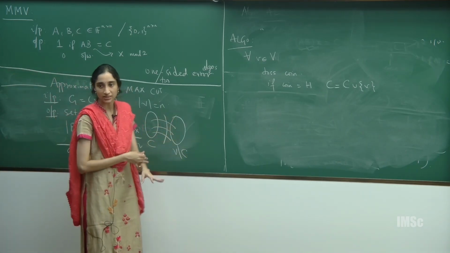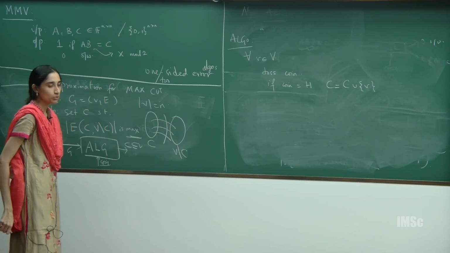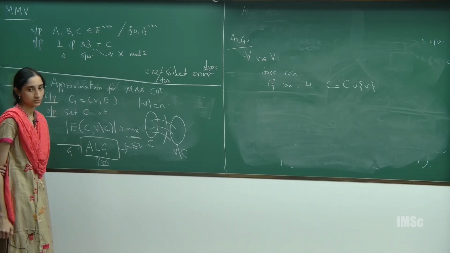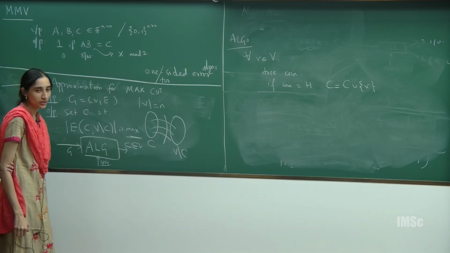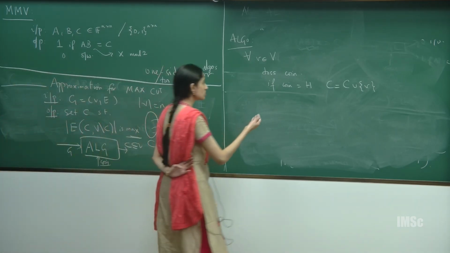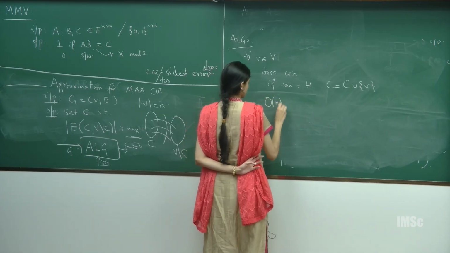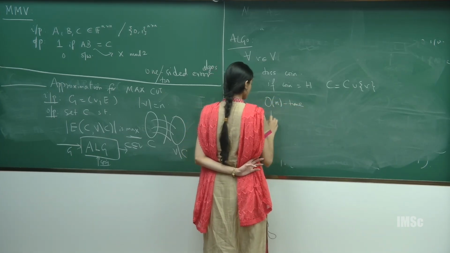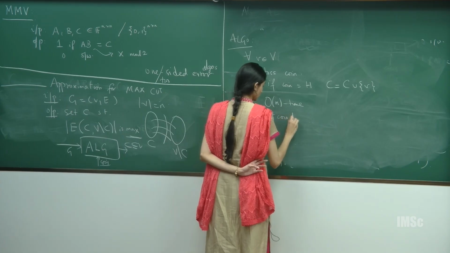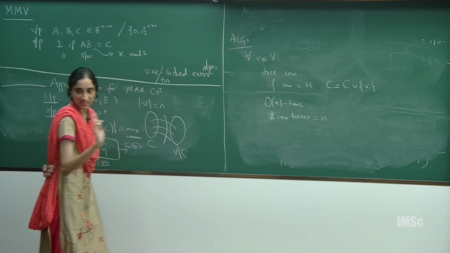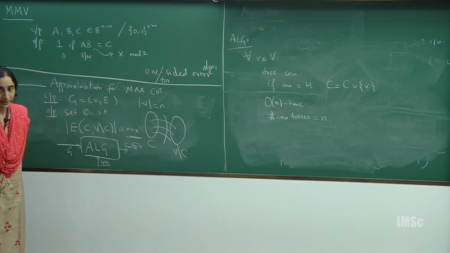It means it's on the other side. So the number of coin tosses is N. What is the running time? Order N. You have to toss the coin N times and do some if-else checking. So the complexity analysis is done, right?